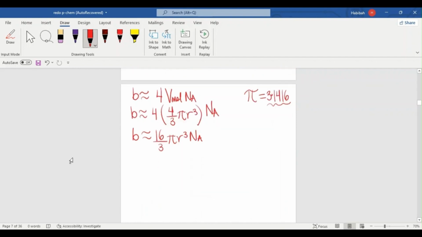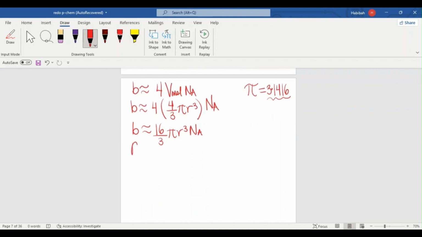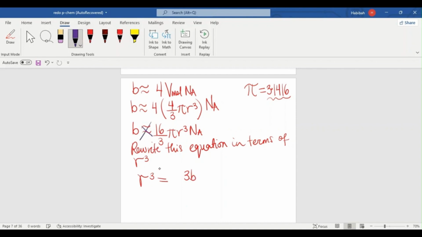Next, I would be rewriting this equation in terms of r cubed, in order for us to focus on solving for r itself. Rewriting it in terms of r cubed, we have r cubed equals 3 times B, because we would have to cross multiply, over 16 pi Na.